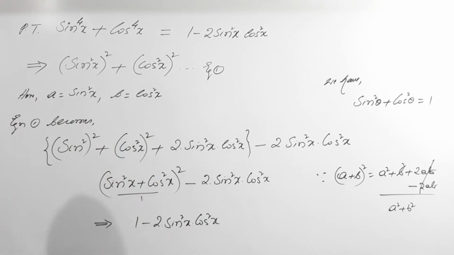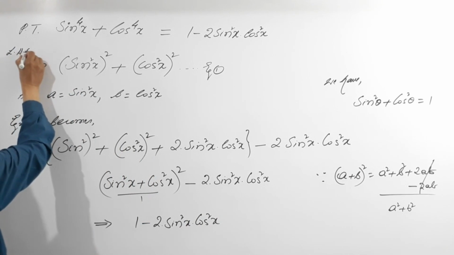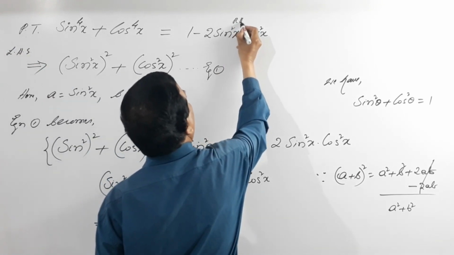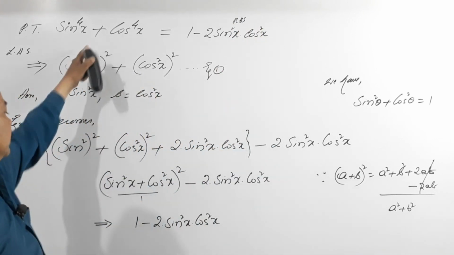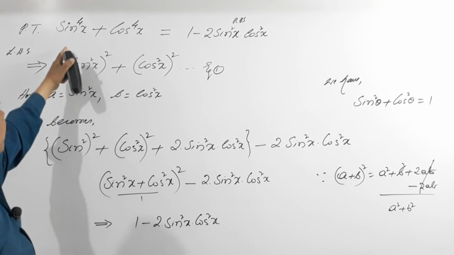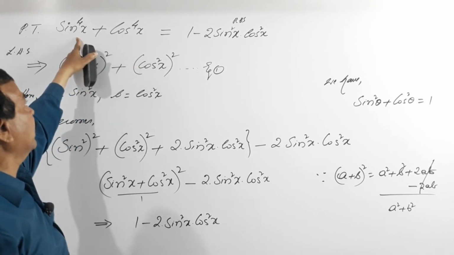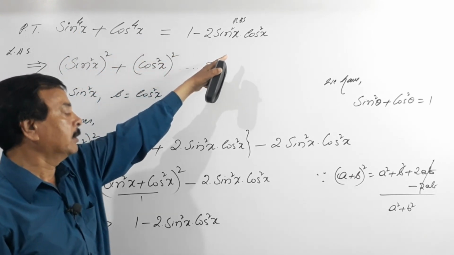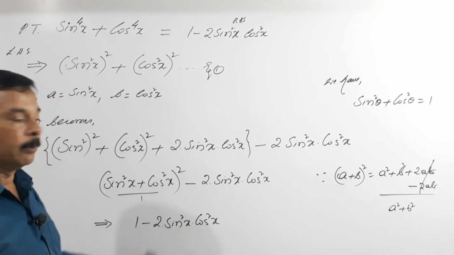This is our left hand side and this is our right hand side. So therefore I have proved that sin to the power of 4x plus cos to the power of 4x equals 1 minus 2 sin square x into cos square x. I got it. 1 minus 2 sin square x into cos square x. Hence proved.